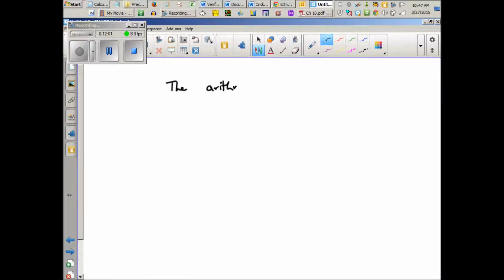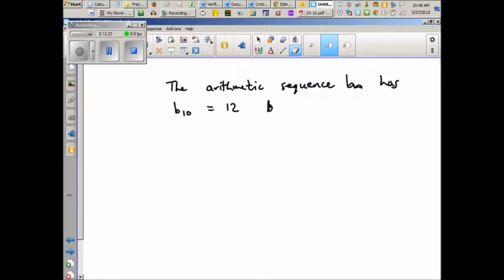The arithmetic sequence b sub n has b sub 10 being 12, and b sub 9 is 50 more than b sub 20.